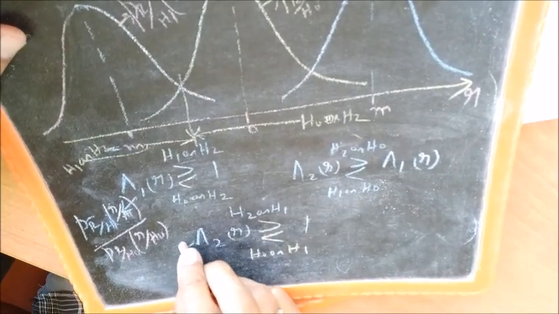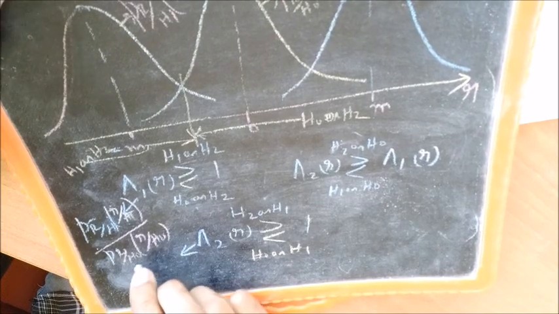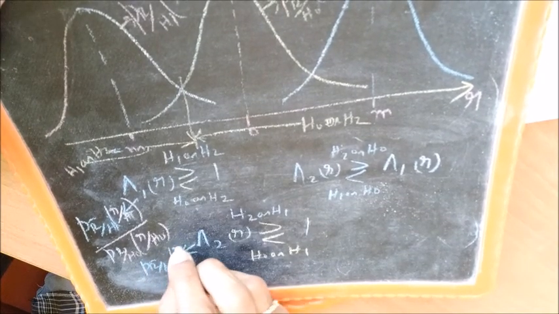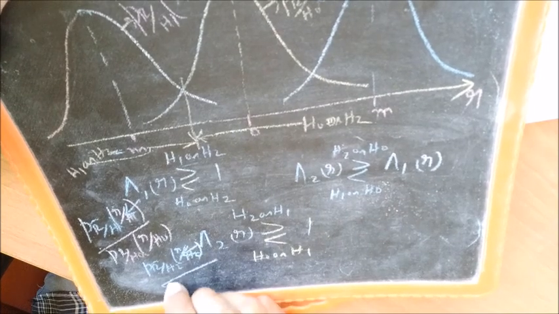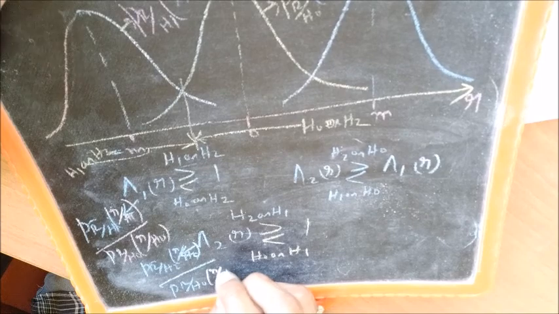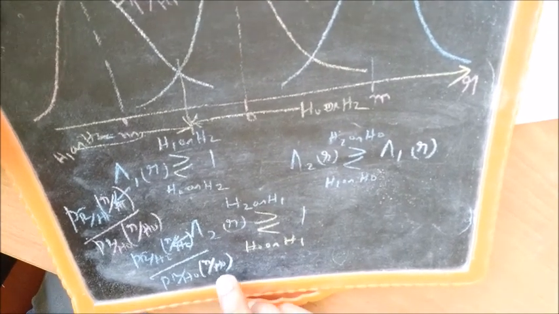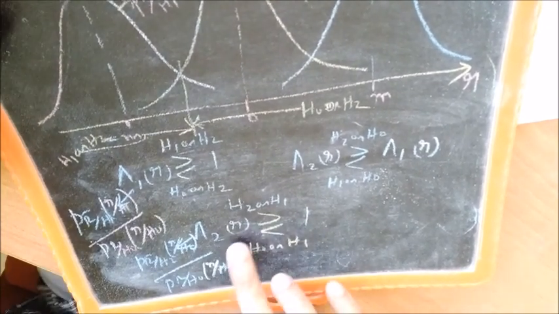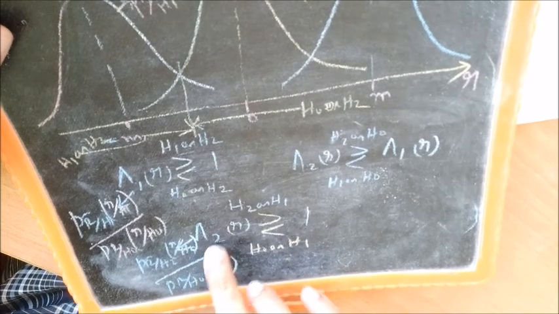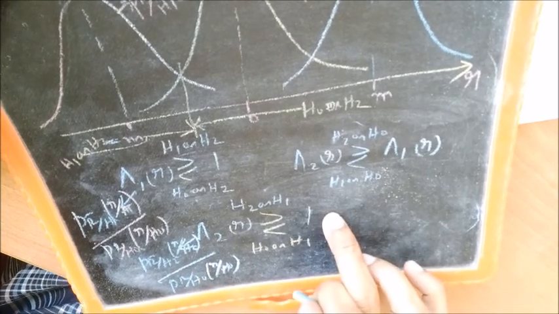Again, we know that lambda 2 is PR H2 by PR H0. So this comparison becomes a comparison between PR H2 and PR H0.